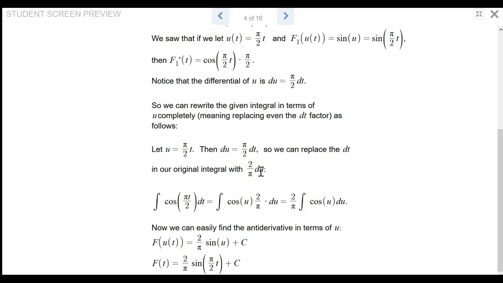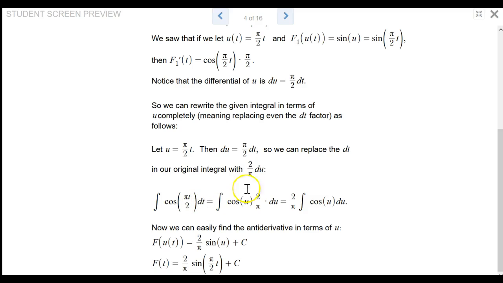and now I can make the substitution for every part of my integral. I have the cosine of pi over 2t times dt equals, if I substitute u everywhere I see pi over 2t, I get cosine u.